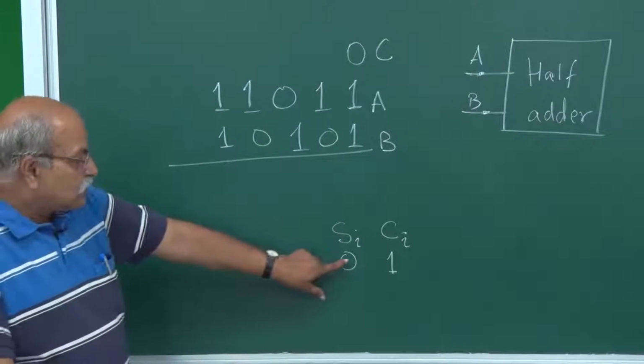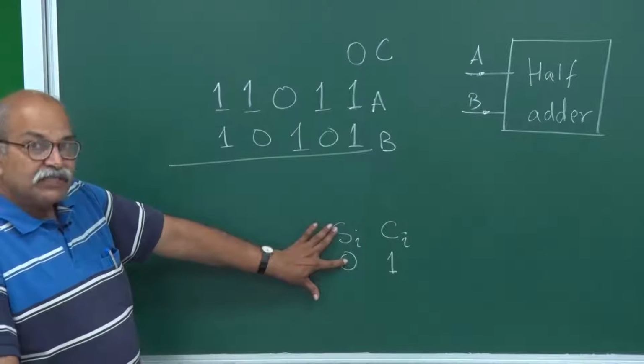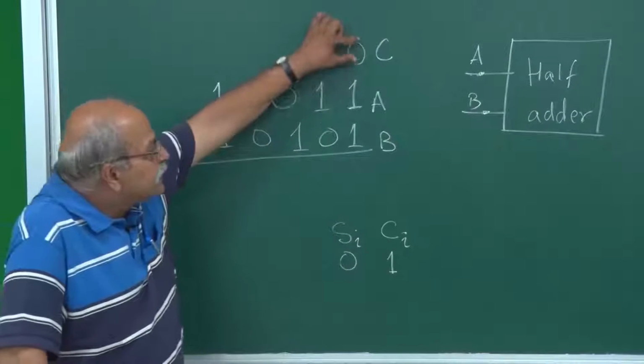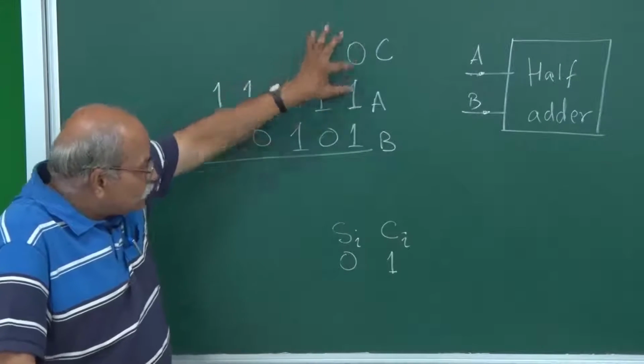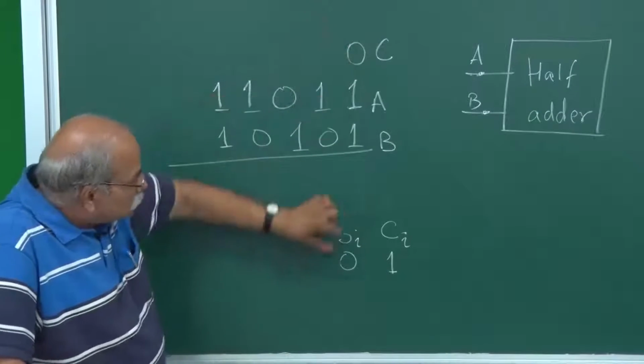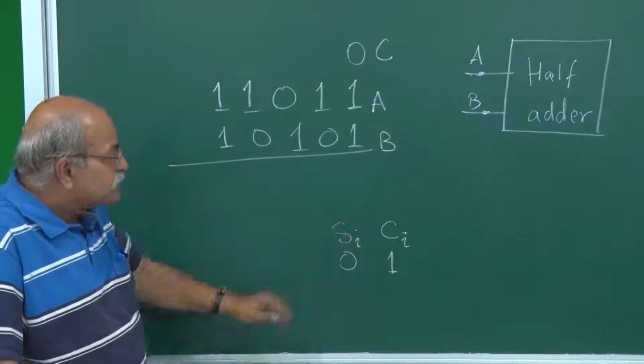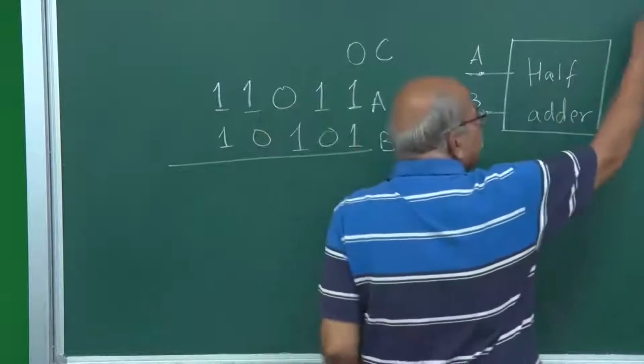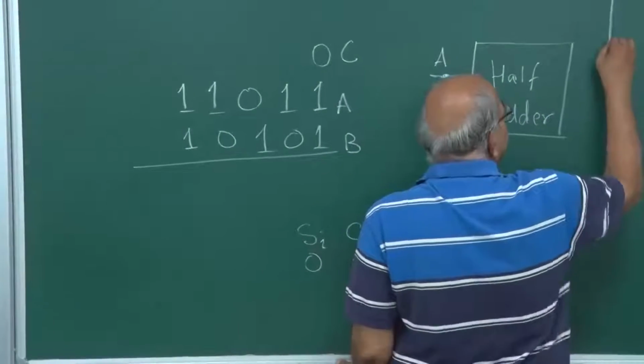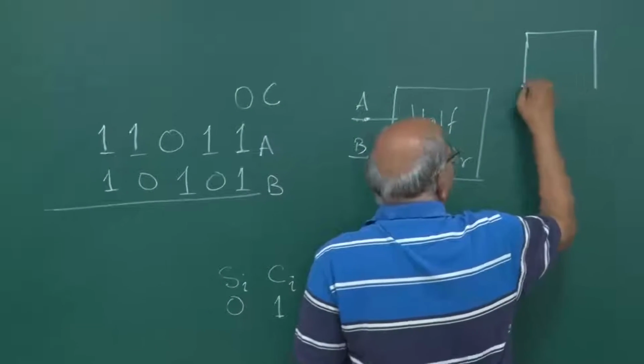Now, this intermediate sum and this carry here, they should again go through a half adder, and then you will get the final sum, right? So, let me put another half adder here.